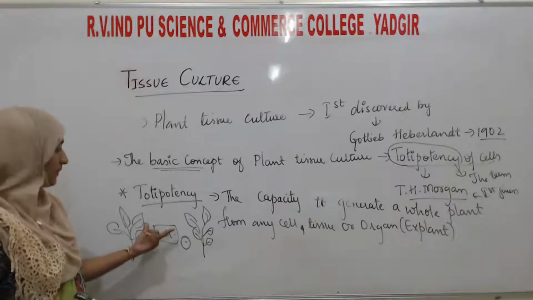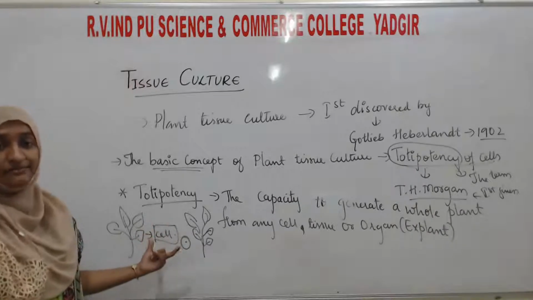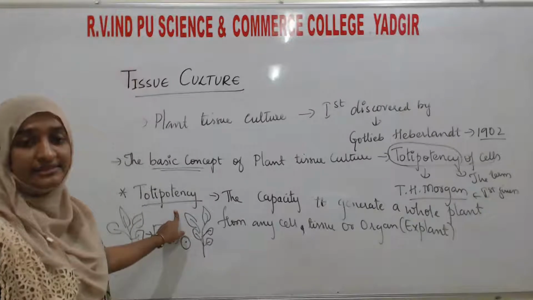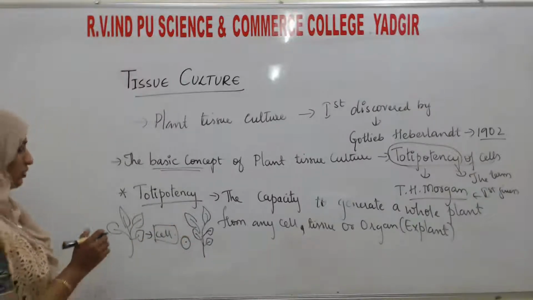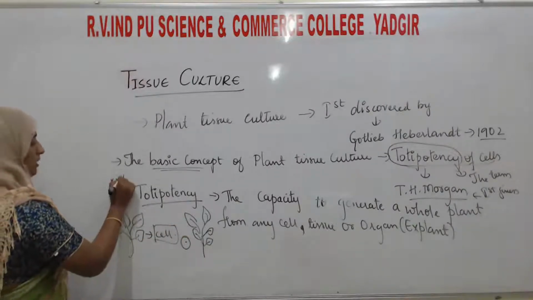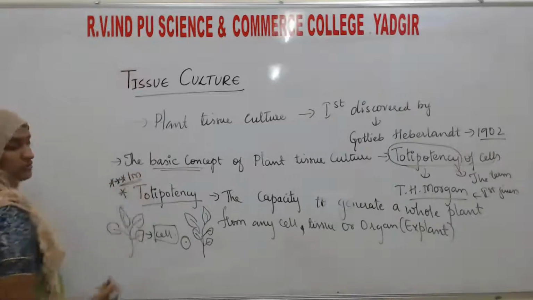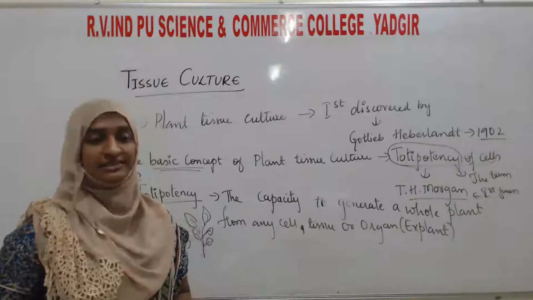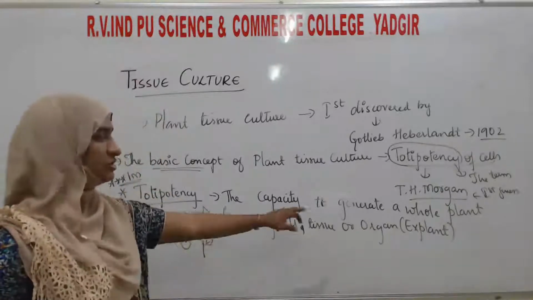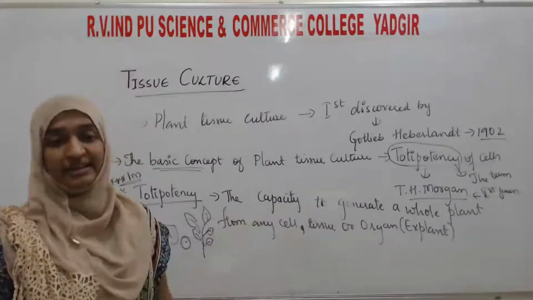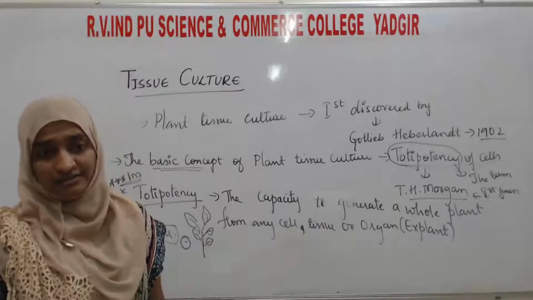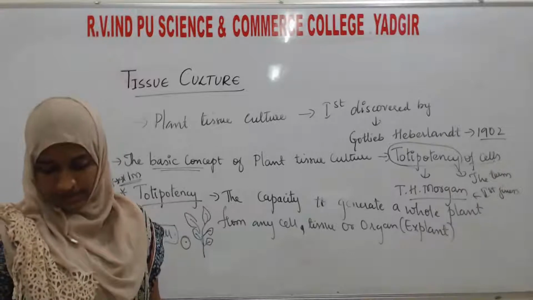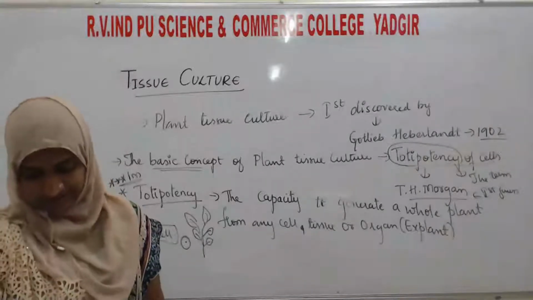That property, that characteristic feature of the cell, we call totipotency. Totipotency is also asked for 1 mark. Please note it down. What do you mean by totipotency? It means the capacity to generate a whole plant from any cell, tissue or organ, or you can directly write explant. That is known as totipotency.